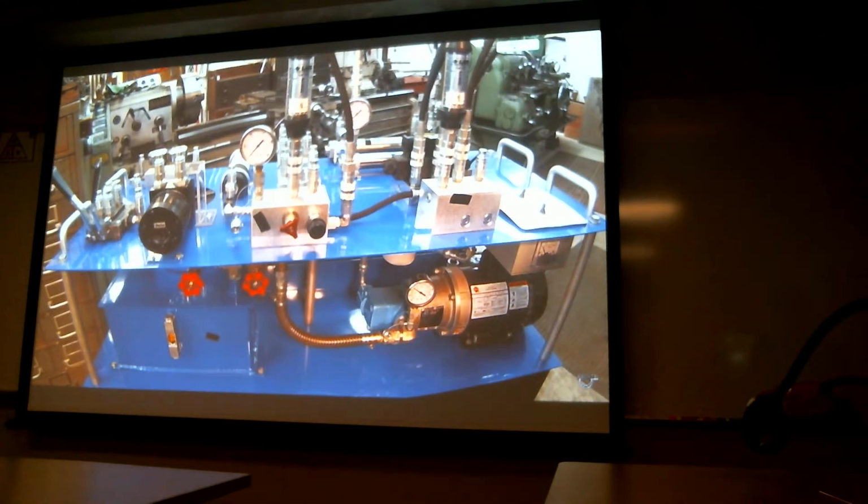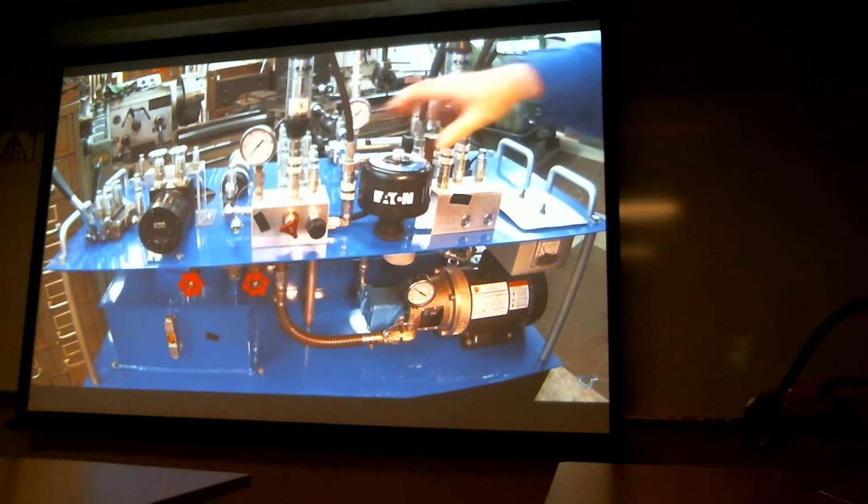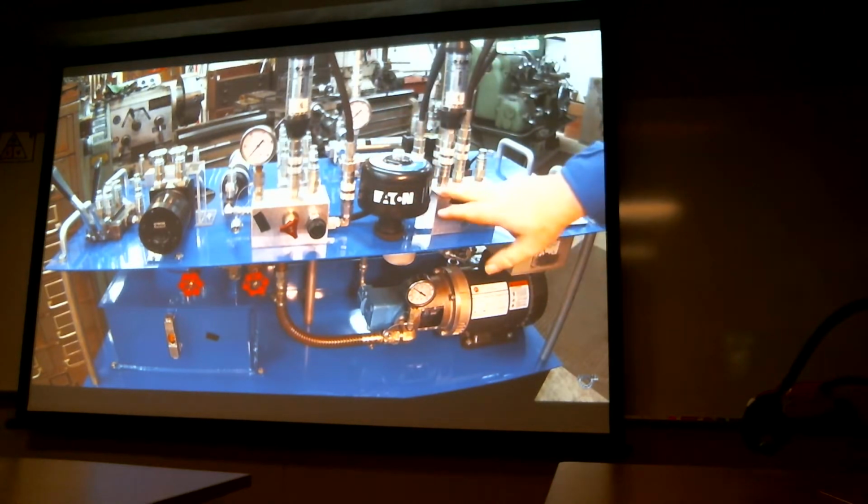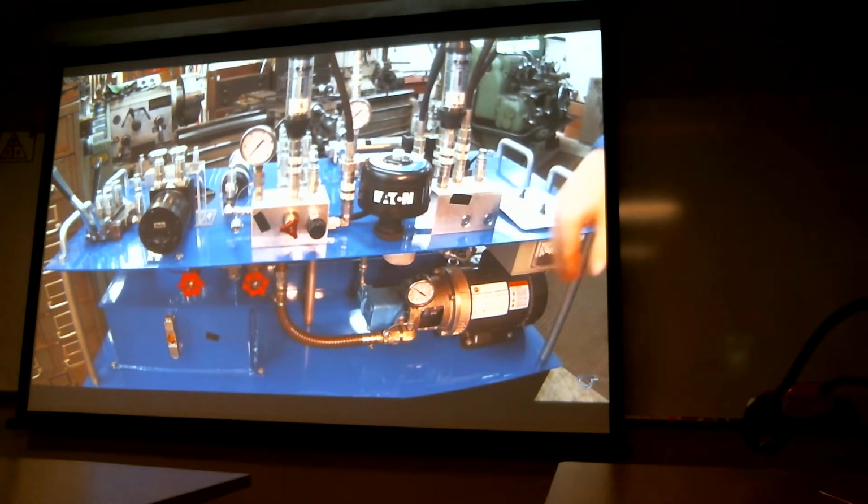So one of the things we do recommend is a heavy-duty breather. What this does is catch particulates as well as moisture, and some popular brands are Eaton Vickers and Des-Case, which is another popular brand that catches particles as well as moisture.